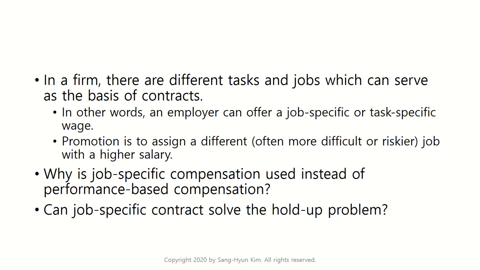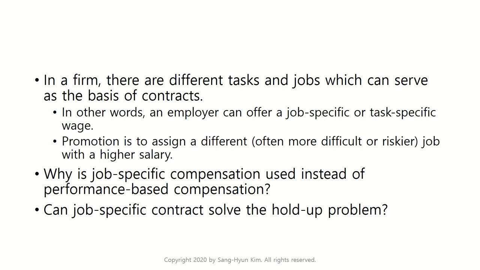The promotion is to assign a different job, often more difficult or riskier, with a higher salary. That's the idea of promotion, and that will give the worker an incentive to make an investment in job-specific or relationship-specific skills.